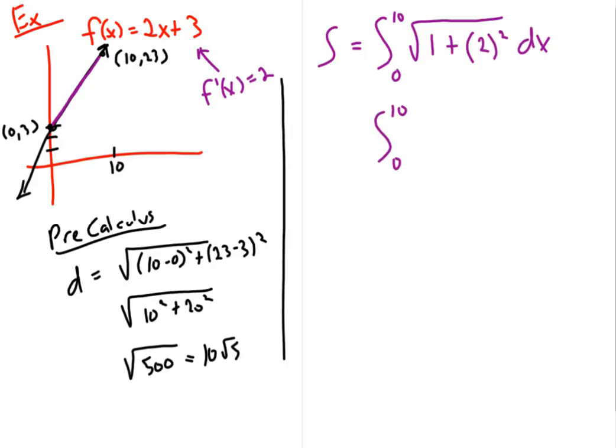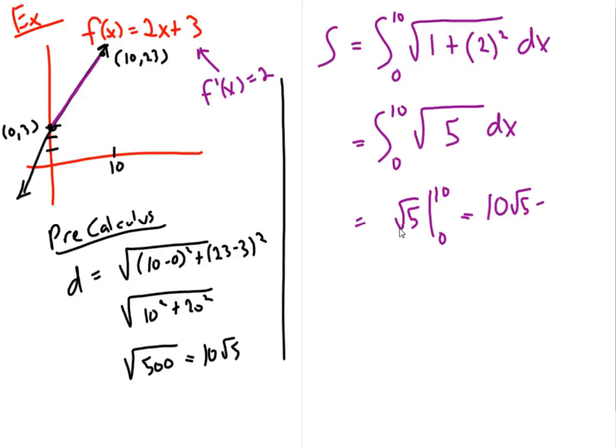The derivative of 2x plus 3 is 2. So you can see 2 squared there, squared because that's from the formula. And then just simplifying that, the square root of 5. The antiderivative of that, sorry about this, I forgot to put the x right there. It should be an x. It would be the square root of 5 times x.